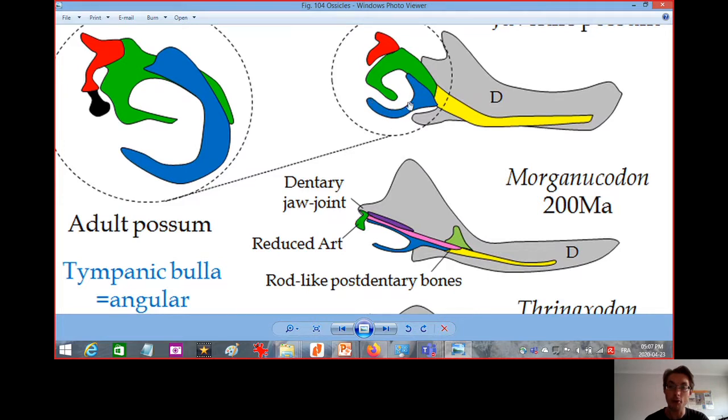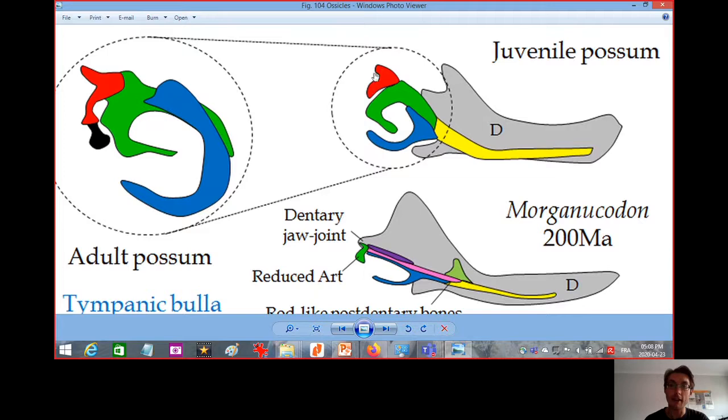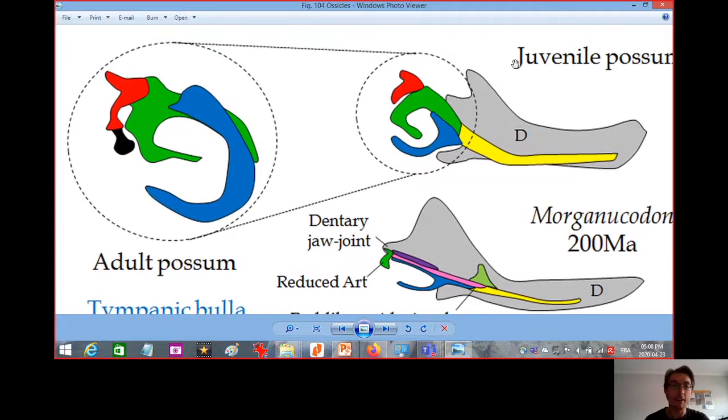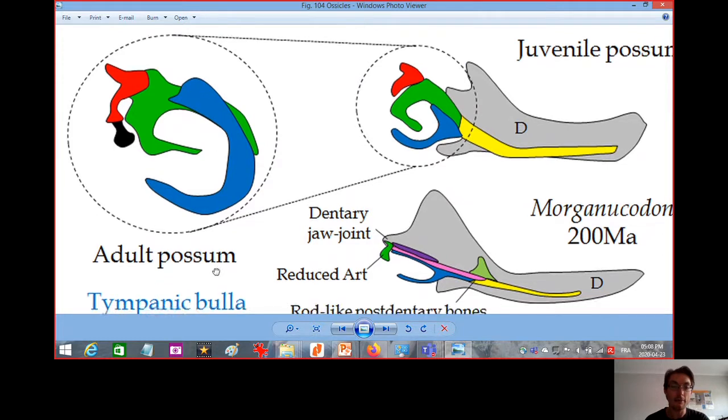Here you have the hooked angular, and here in green you have the articular, and here in red the quadrate. And in the adult condition you have the stapes, the quadrate, the articular, and the angular, except that they are turned into the tympanic bulla.